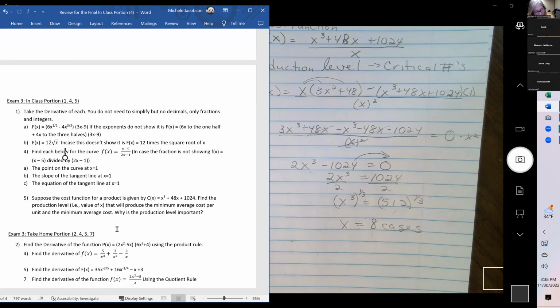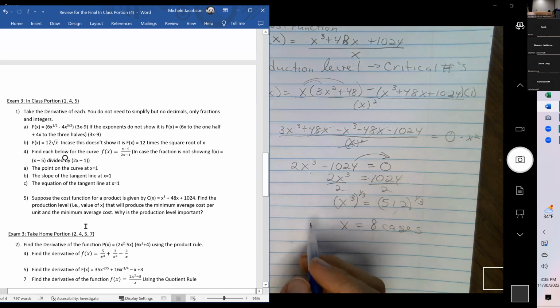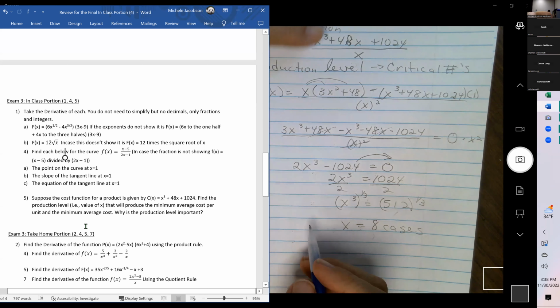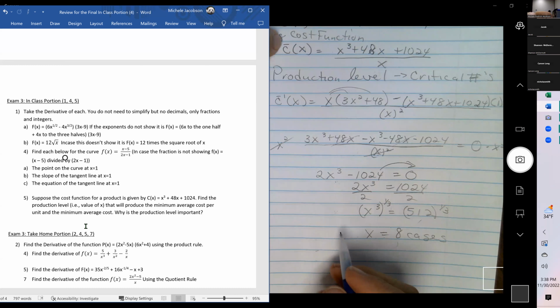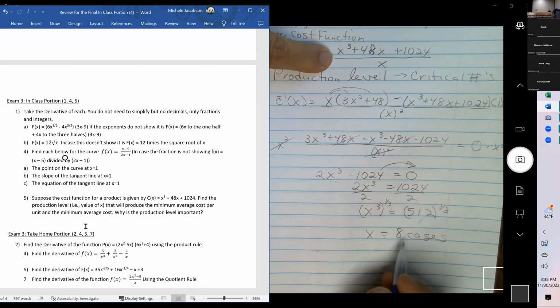They also asked to find the minimum average cost. That would be our average cost function, so we want to plug 8 into that value.